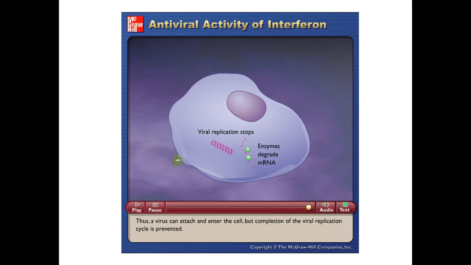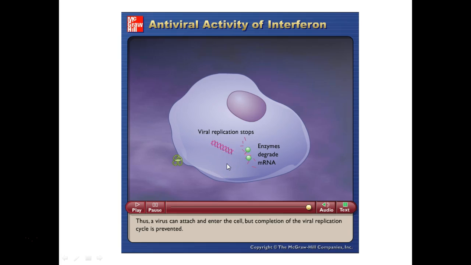What do you think happens to this cell that the virus got into? It dies. Because what did it just do? What was this last thing right here? It broke down messenger RNA.